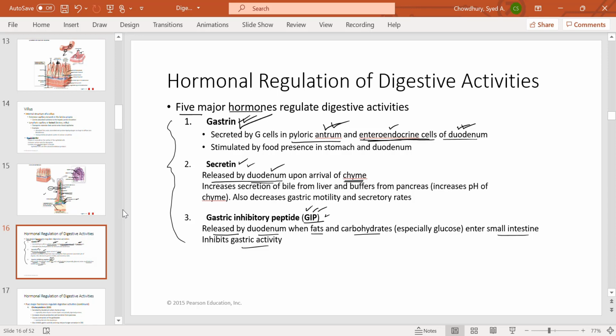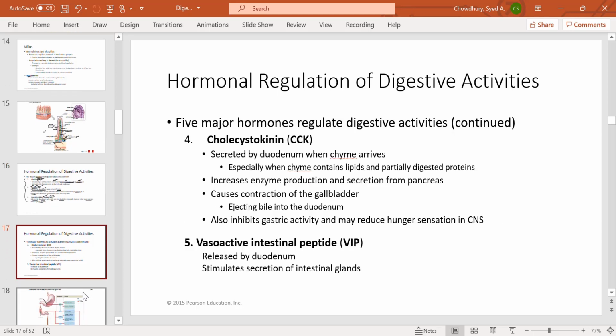This one from both the stomach and the duodenum, and this is from the duodenum, this is from the duodenum. And secretin is released when the chyme from the stomach enters into the duodenum. And secretin actually increases the pH of the chyme. So this is alkaline secretin, and that increases the pH. That means the strong acidic chyme will become less acidic.